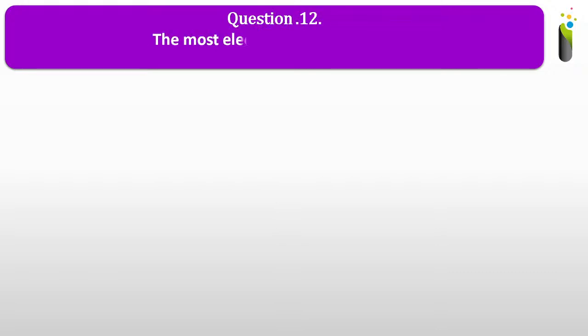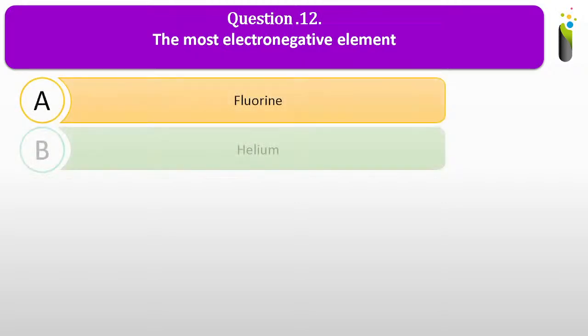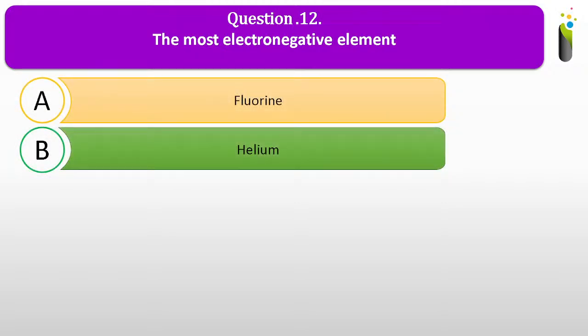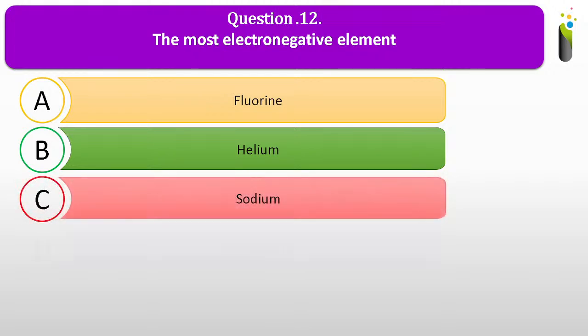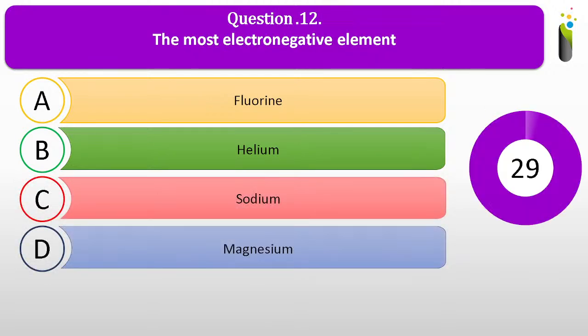Question number 12. The most electronegative element is dash. A. Fluorine. B. Helium. C. Sodium. D. Magnesium. Which is the most electronegative element?